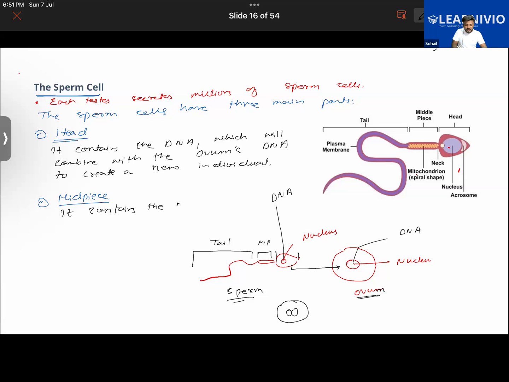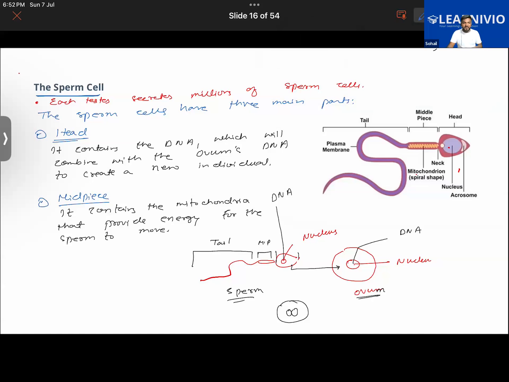It contains the mitochondria that provide energy for the sperm to move. Right, this much only.